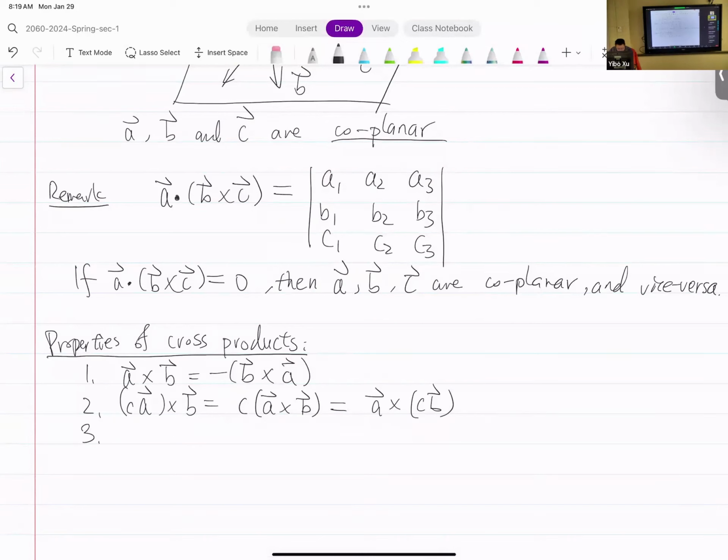Okay. And the next one, the distributive property of the cross product. So A cross the sum equals A cross the individual vectors, and then you do the sum.